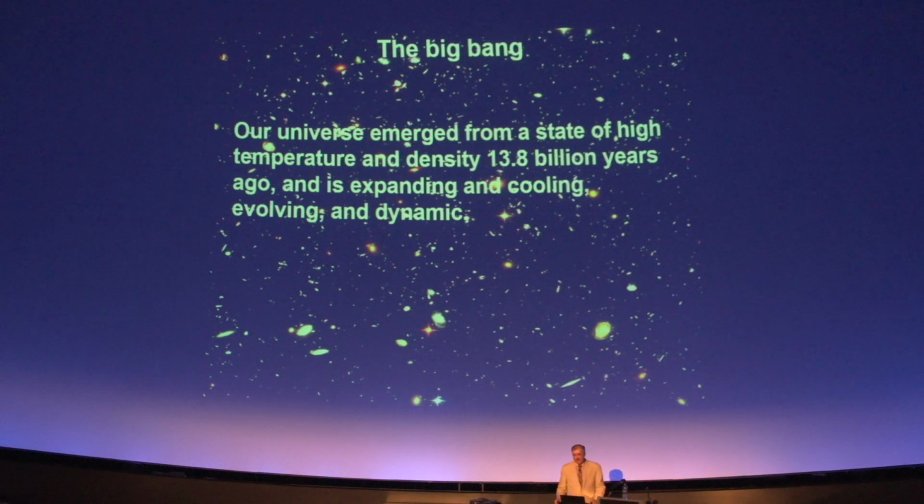Now, when I say that the universe evolves with time, how can I prove that the universe evolves with time? Well, cosmologists and astronomers are lucky because we have time machines. We can use time machines to see the past.